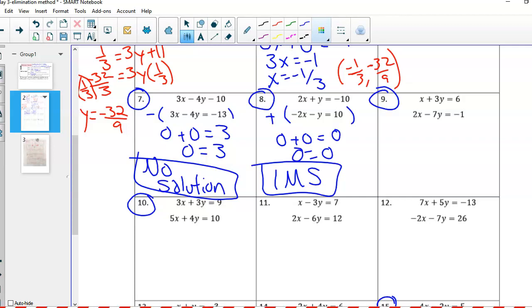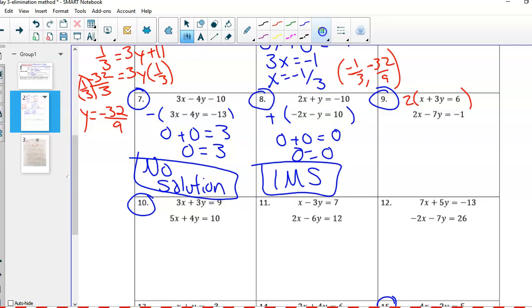That means we need to multiply this by some number so that it's the same. What number would that be? 2. You could multiply it by -2 and that would still work. 2 or -2 does not matter. But what you do to one thing, you have to do to all, so you're really multiplying the entire equation by 2.